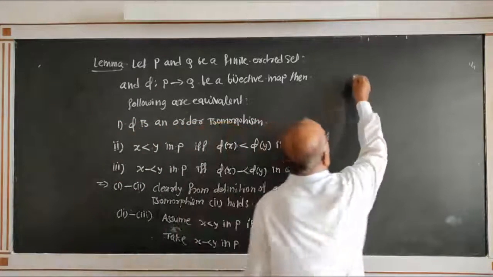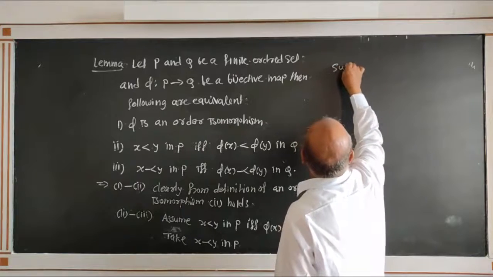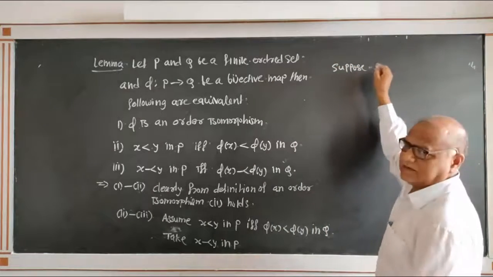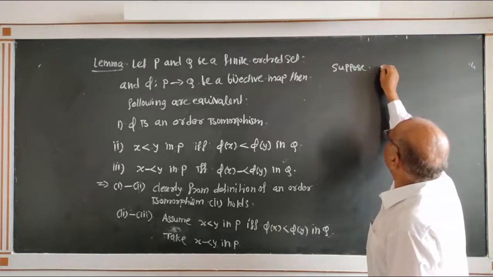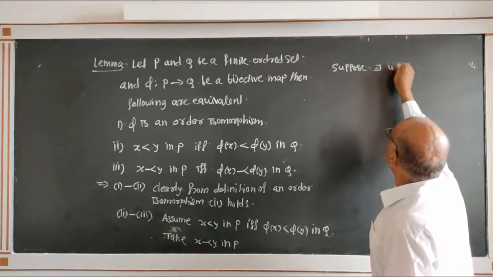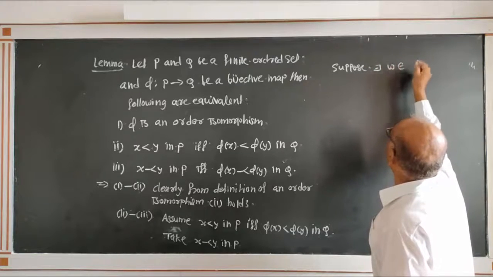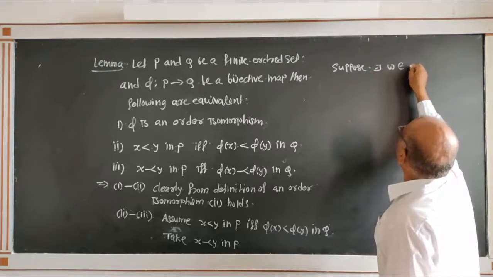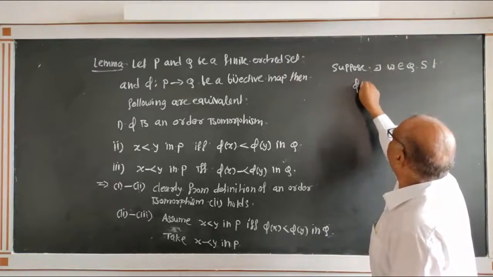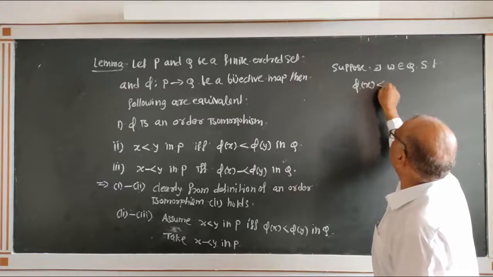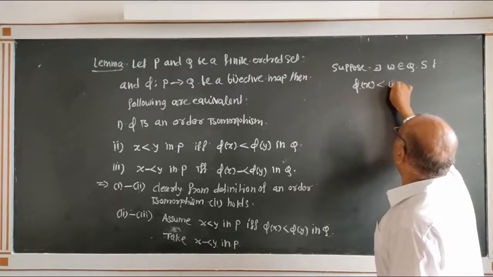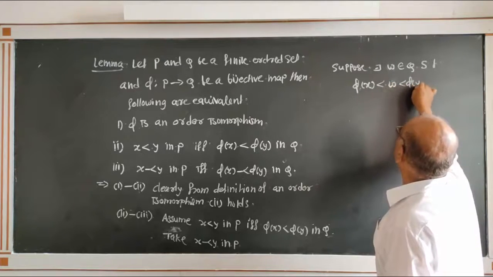Here, suppose there exists w belonging to Q such that phi(x) < w < phi(y).